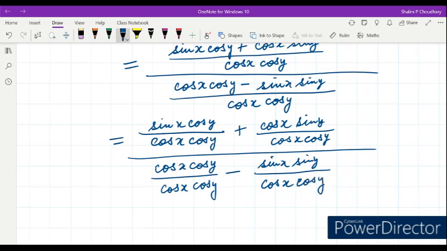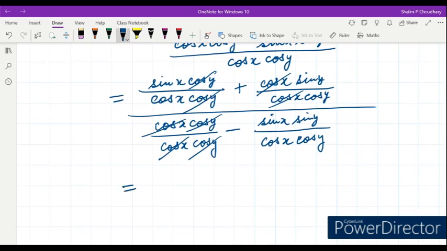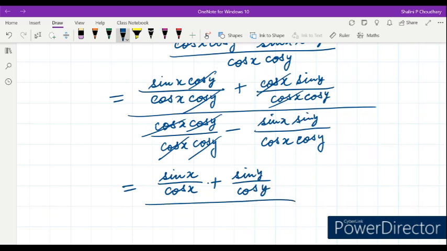Okay, now see, cos y cancel, cos x cancel, cos x cos y all cancel. So what we are getting, sin x upon cos x plus sin y upon cos y divided by 1 minus sin x upon cos x sin y upon cos y.